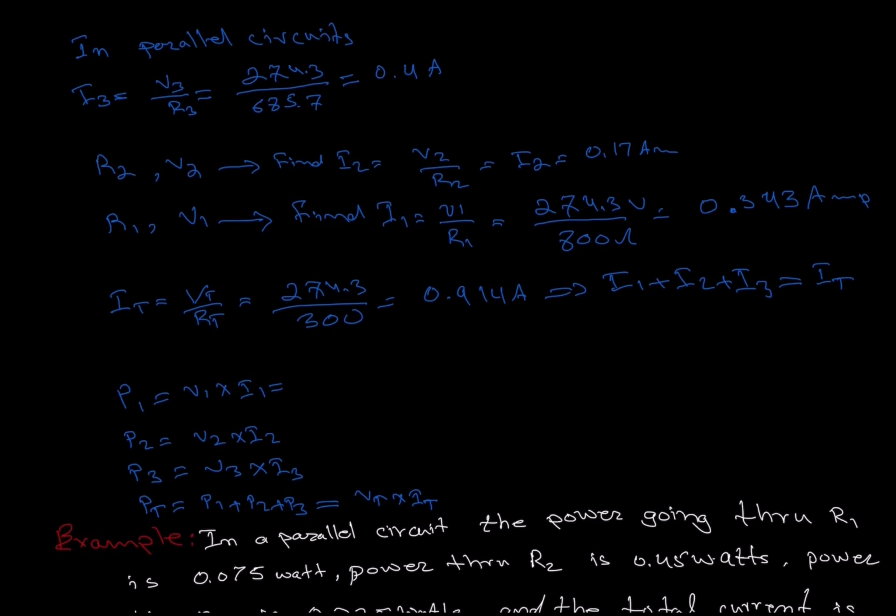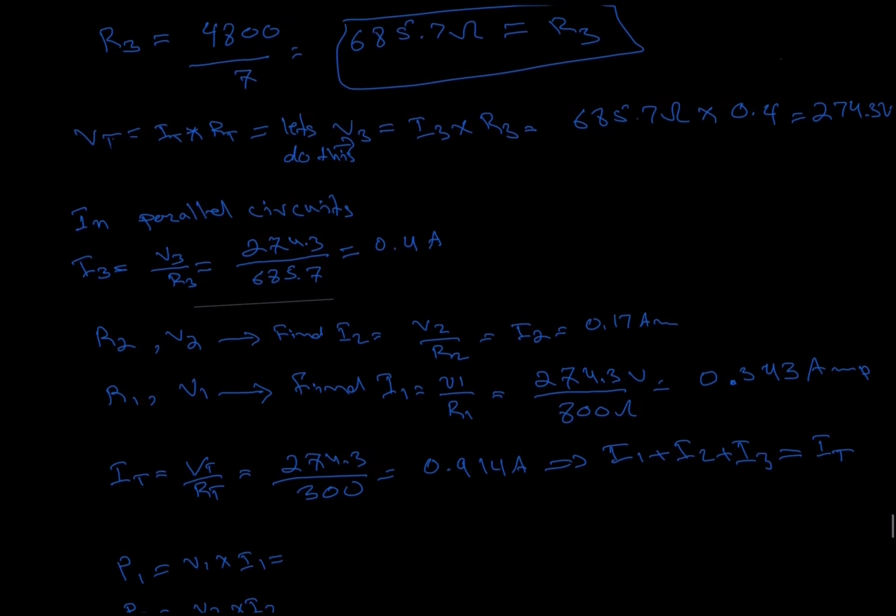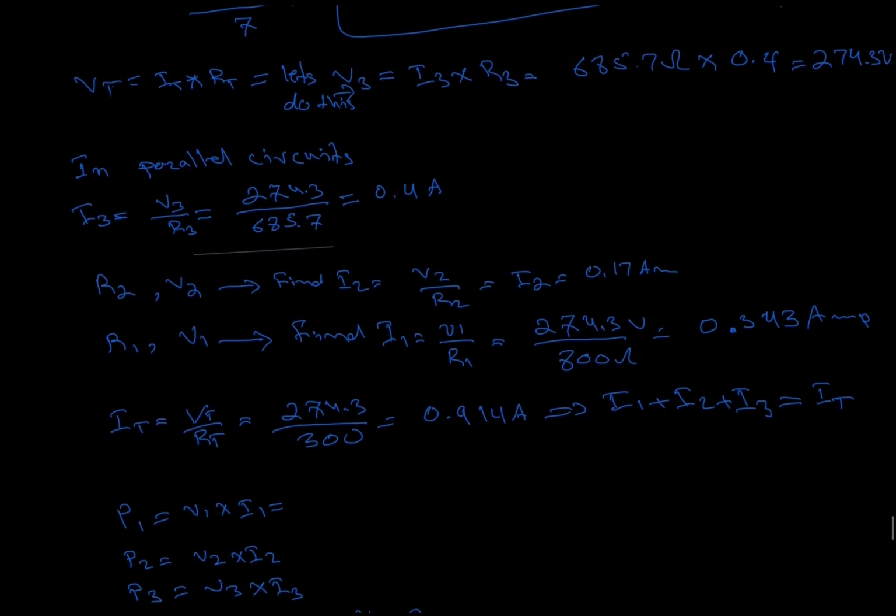So we know V1 is equal to 274.3, times I1, which is 0.343, and that will give me 0.343 times 274.3, about 94 watts.